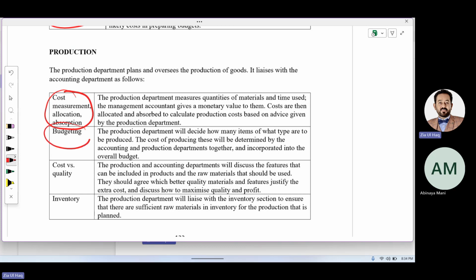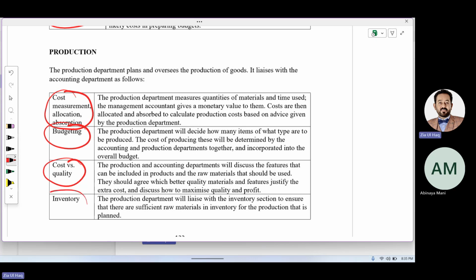Budgeting, to prepare the production budget for the future. The accounting department needs information from the production department on whether production is able to produce that much goods as planned. Cost versus quality: if we reduce quality, how much cost can be saved? The accounting department needs this information from the production department.